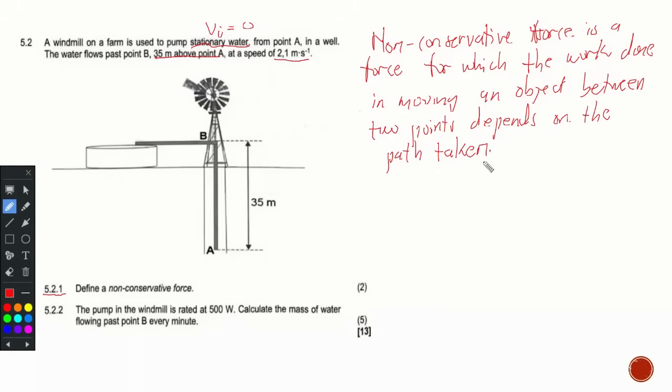So that is the definition. Non-conservative force is a force for which the work done in moving an object between 2 points depends on the path taken. So 2 marks for that definition.